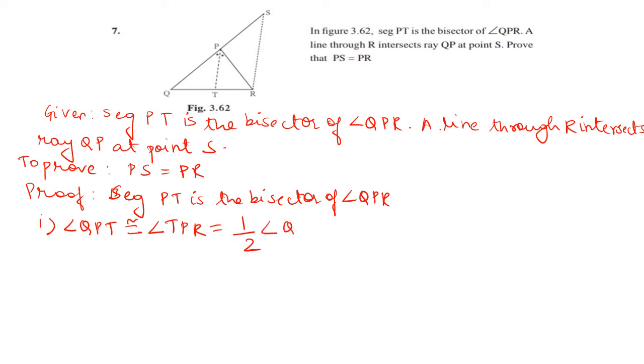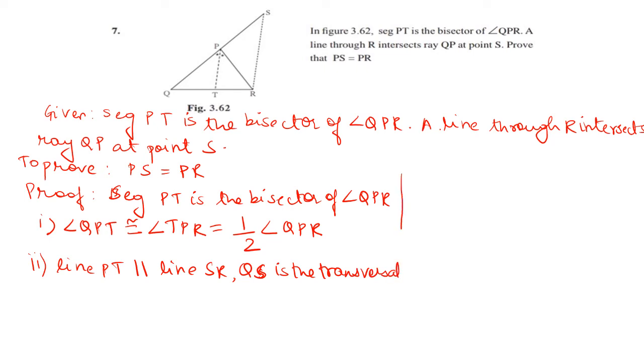is equal to half of angle QPR. Then line PT is parallel to line SR, where QS is the transversal, then we can say that angle QPT is congruent to angle PSR, corresponding angles.